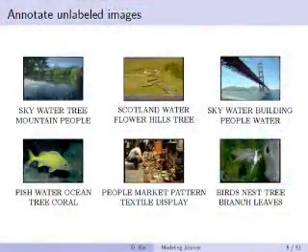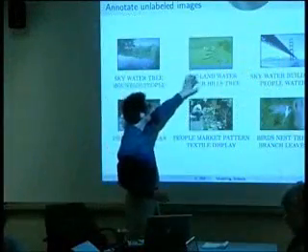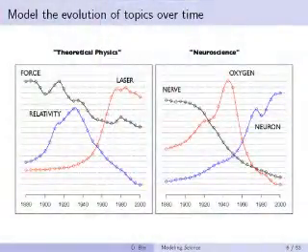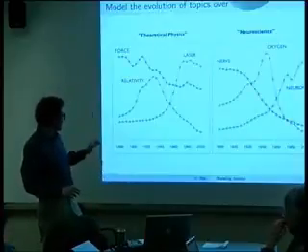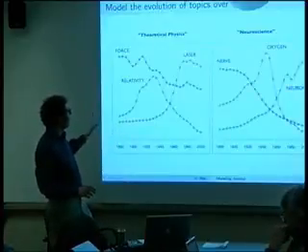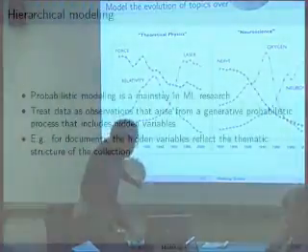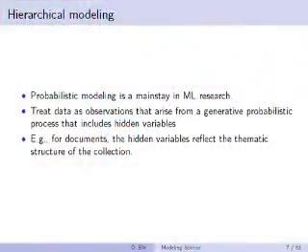One can use topic models to annotate images automatically: given an image by itself, predict this caption. Color you didn't have 100 years ago. That's right. What we'll talk about today is finding trends in these topics through time, and also these connections between topics.